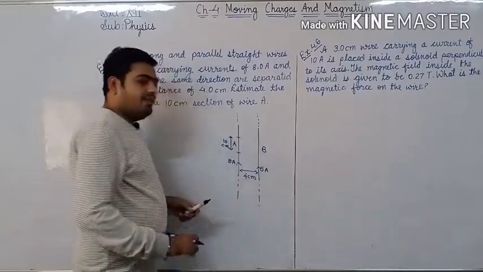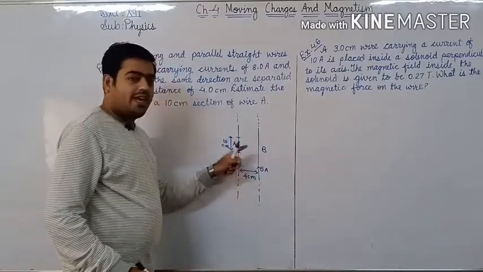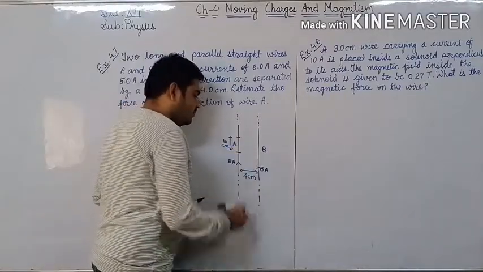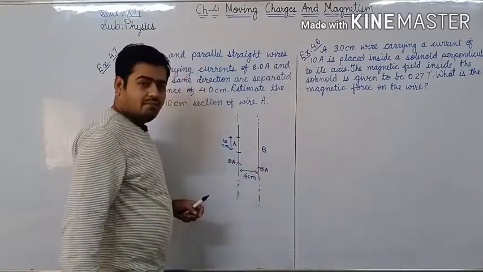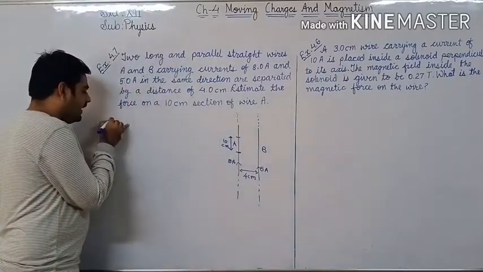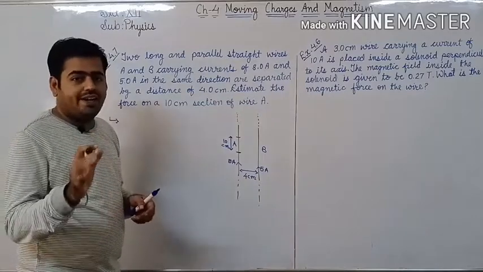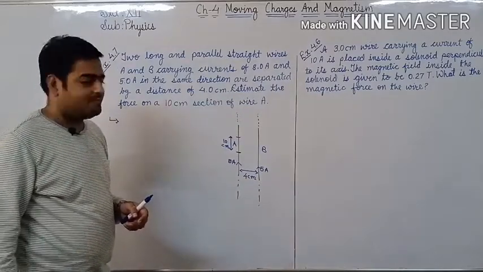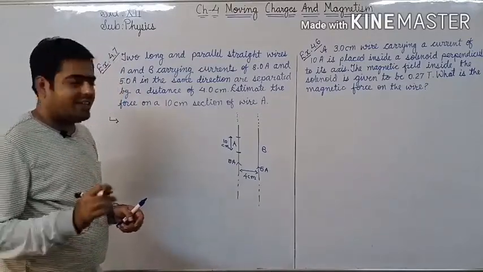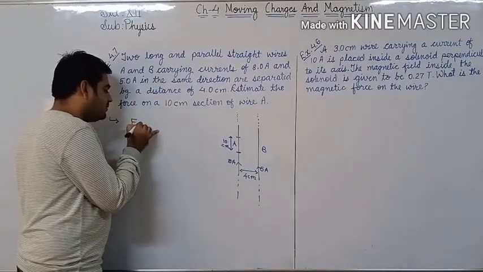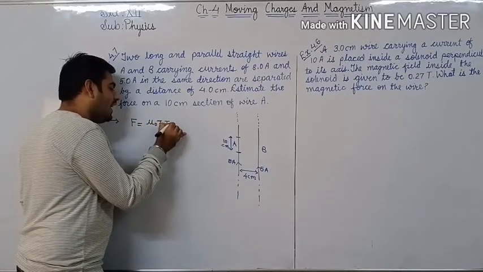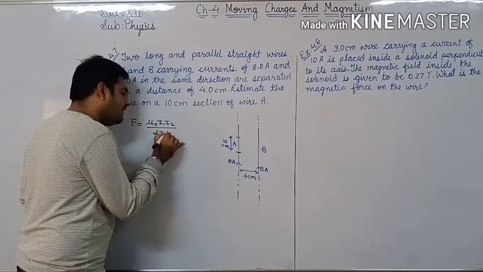On this much length of the wire, we want to find the force due to the external magnetic field which is produced by current carrying wire B. So the force acting between two infinitely long parallel current carrying wires is F is equal to, do you remember the formula, mu naught I1 I2 upon 2 pi d into L.